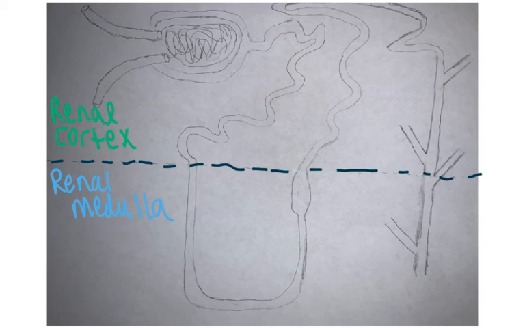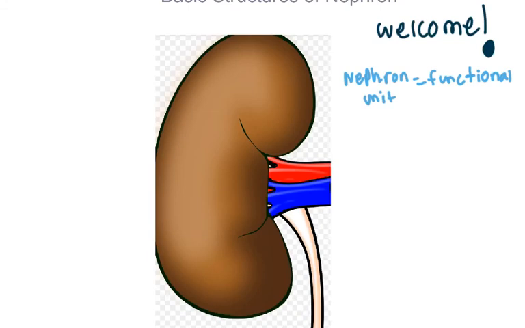Because remember, our adrenal cortex and adrenal medulla are part of our adrenal glands that sit on top of the kidneys, not on the kidneys. So if we were to look at this picture, we would have our adrenal glands sitting on top of the kidneys right here. So this is going to be our adrenal glands. Now in here, we'll see the adrenal cortex and the adrenal medulla, all right?